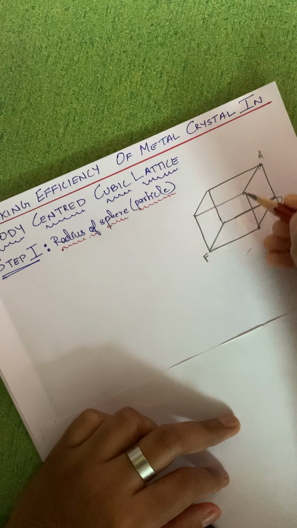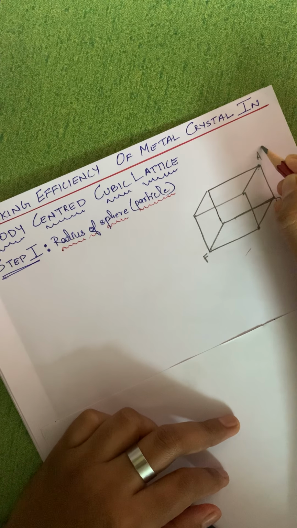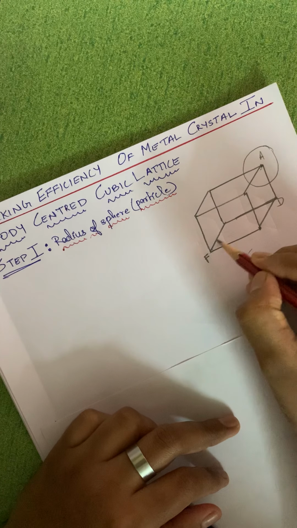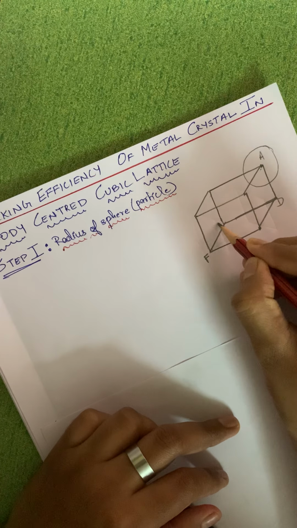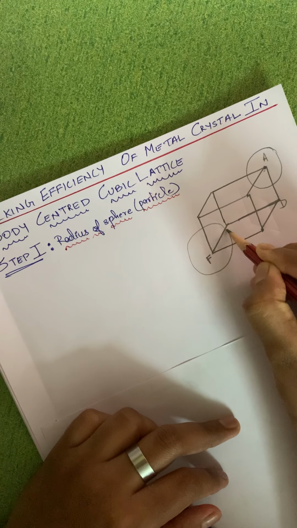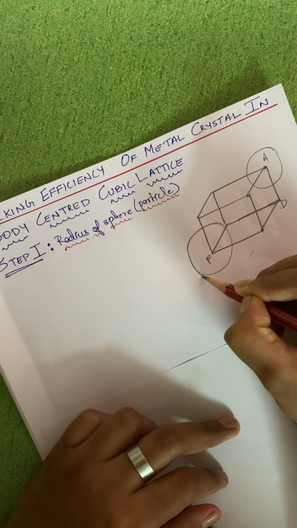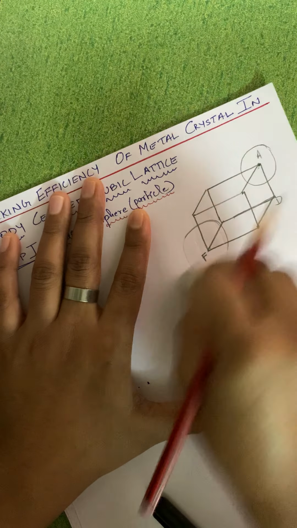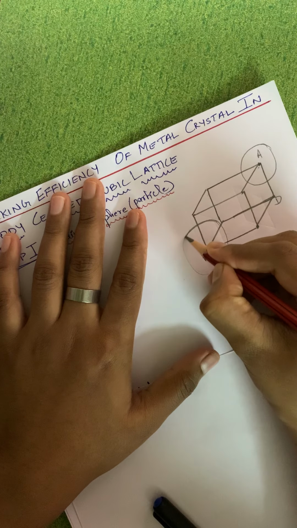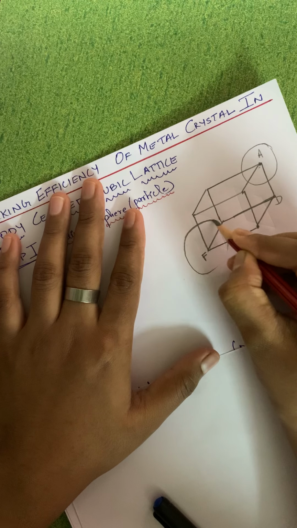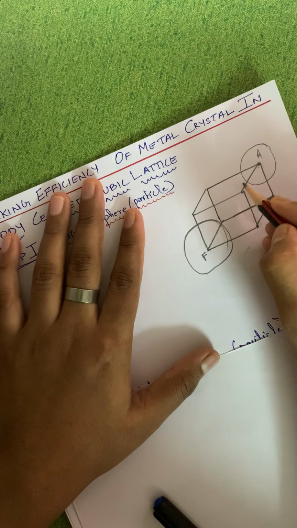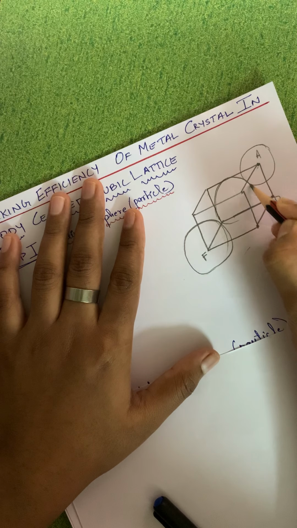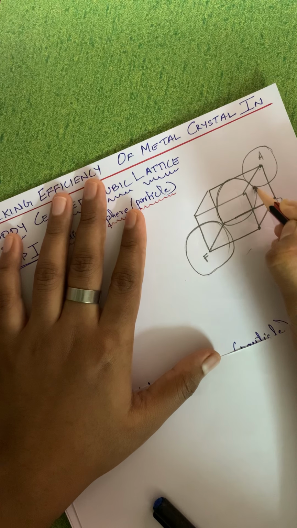If I draw one sphere over here, one big sphere over here, and one big sphere over here.